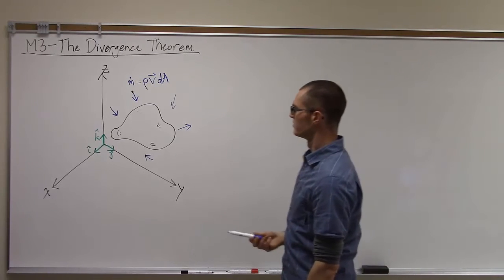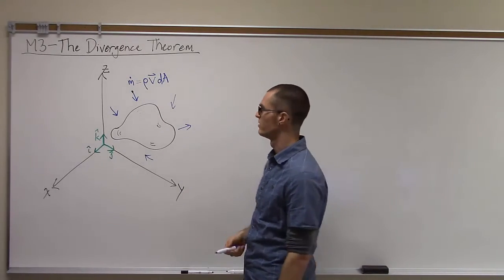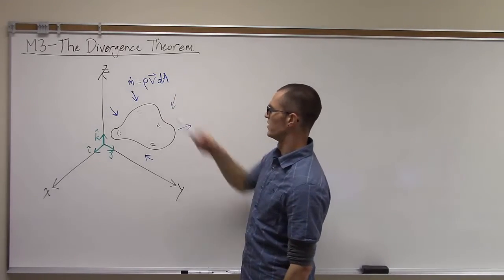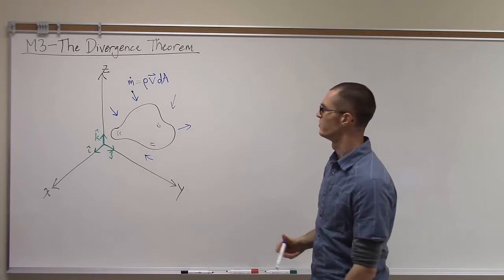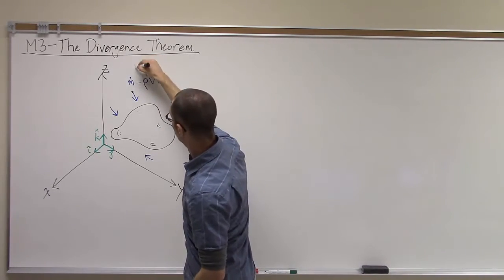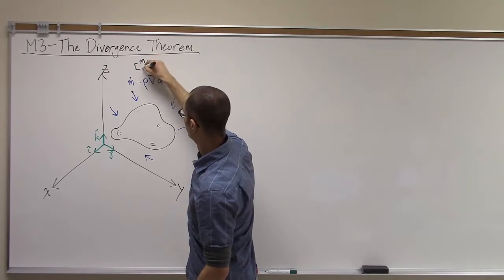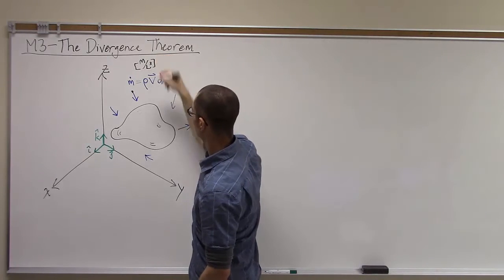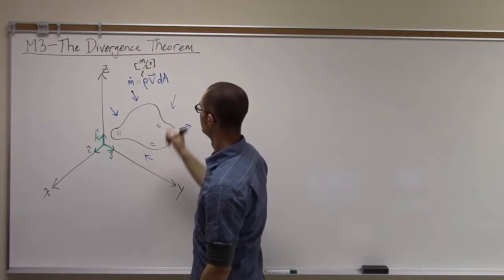So concentration has units of mass per unit volume, and velocity has units of distance per time, or length per time. So I'll write in here units of mass per volume, mass per length cubed for concentration.